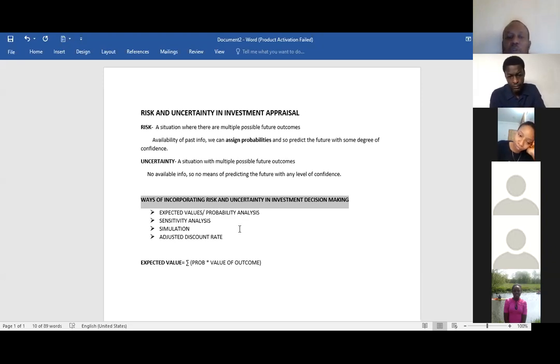So maybe we wanted to launch a particular product, and we ask, what's the probability of the sales being very good? Then we assign a particular number, which will be the value of the outcome, and then we assign a probability. So the sales being maybe more than 1 million in number will be maybe 30%.